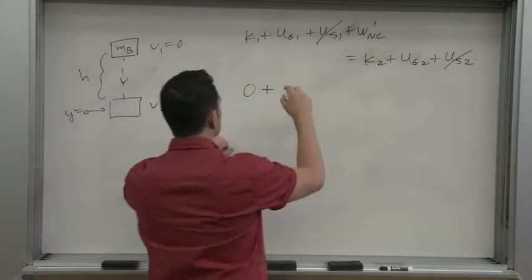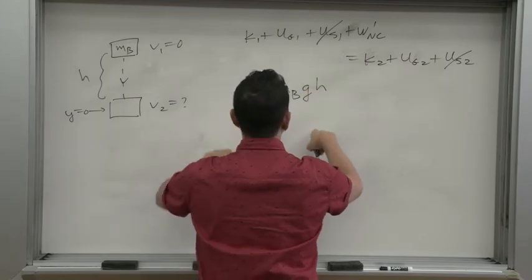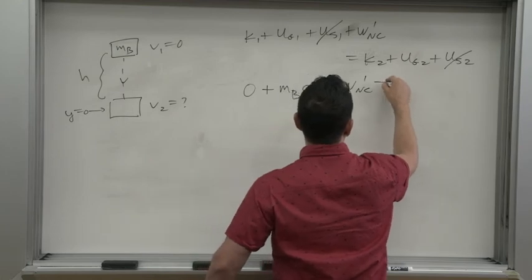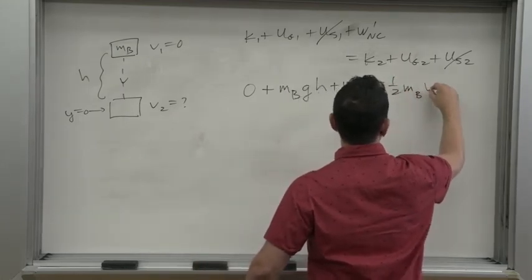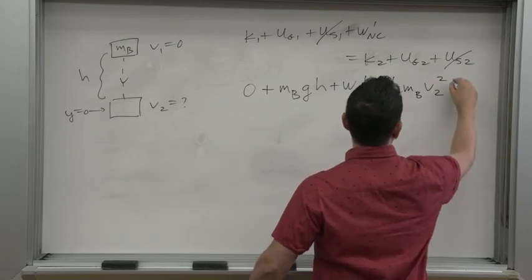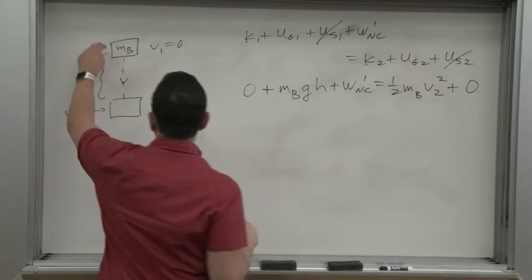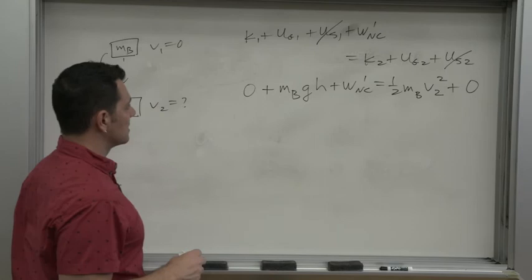So UG1 is going to be MB times G times H plus work non-conservative prime is equal to 1/2 MB V2 squared plus 0. Gravitational potential energy 0, right?